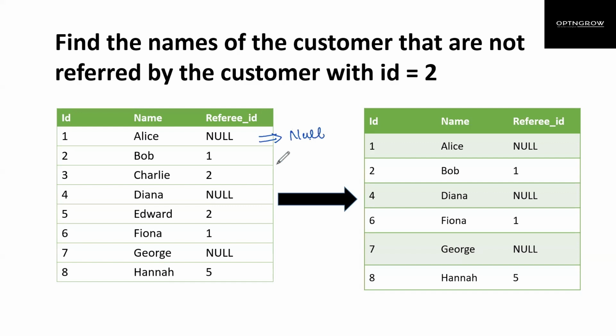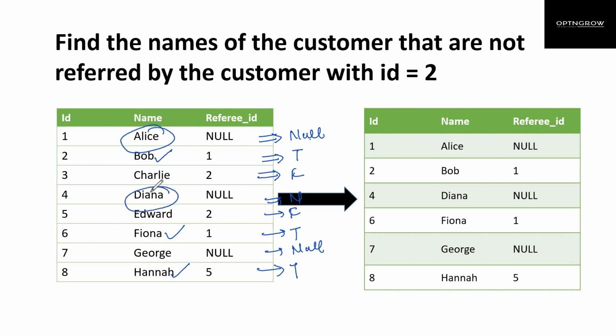For this row, it will return true. For this one, it will return false. Again for this one, null, false, true, null, and then for this one, again true. That's why in our results we have got Bob, Fiona and Hannah, but we have not got Alice, Dinah, and George.